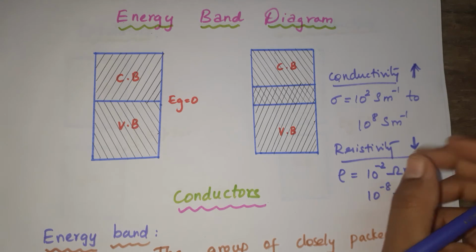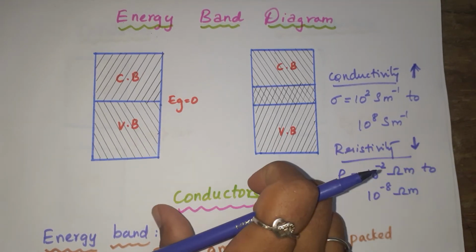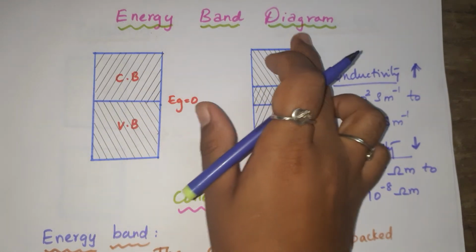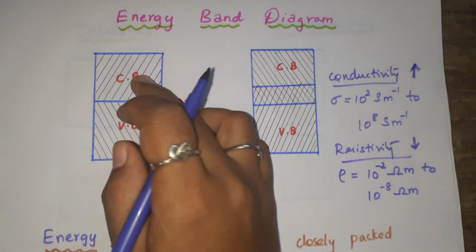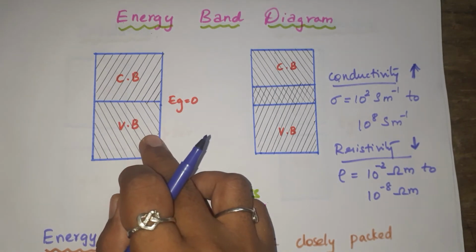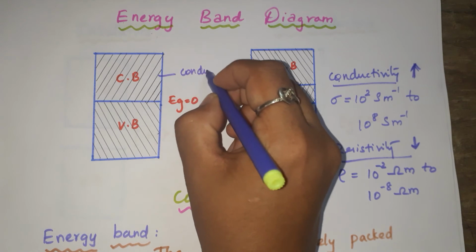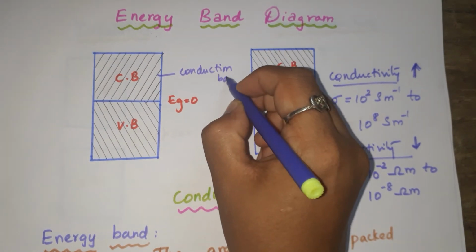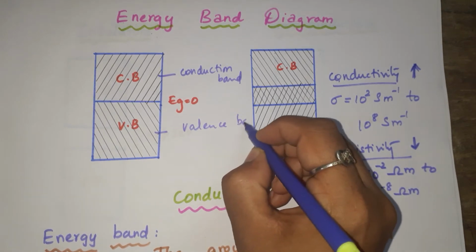Please check it. These are all the points about conductors in the energy band diagram. Please remember, students: conduction band, valence band. C denotes the conduction band, and V denotes the valence band.